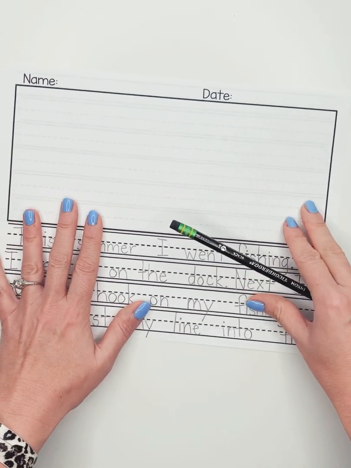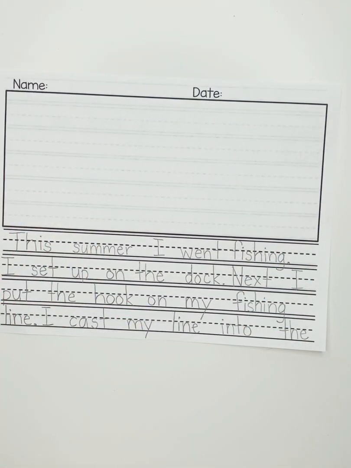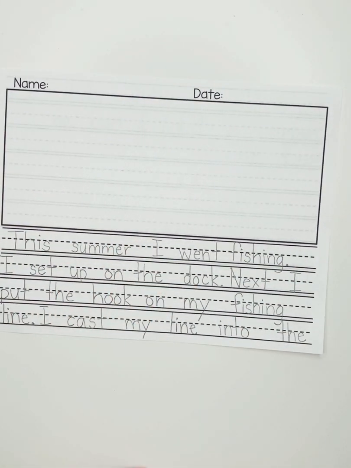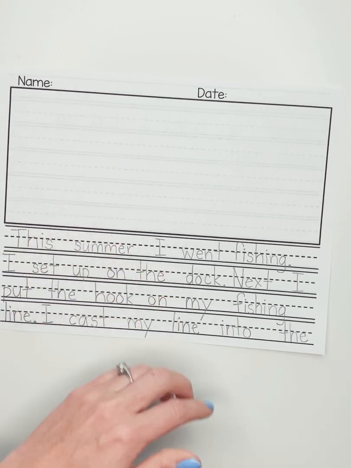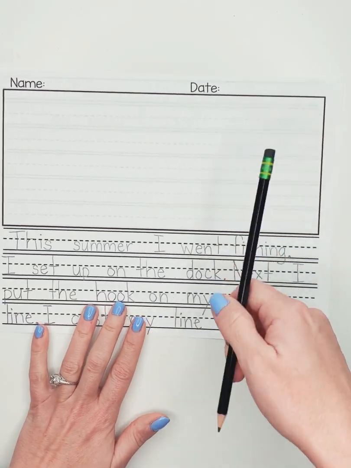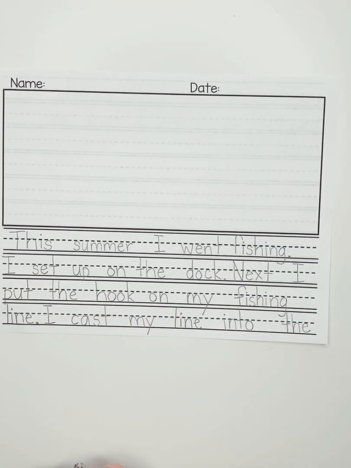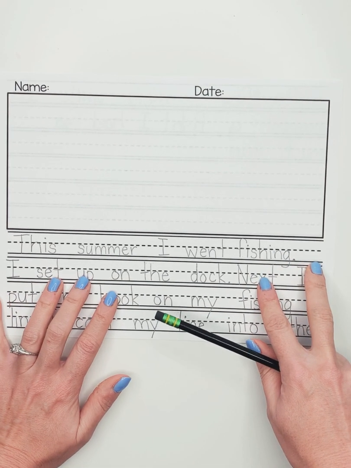Now that I have all of my details written into sentences from my planning page, now I can do a sketch for my picture. So a sketch is with a pencil, and when we publish our writing, then we go in with crayons or colored pencils and add lots of details to our draft.